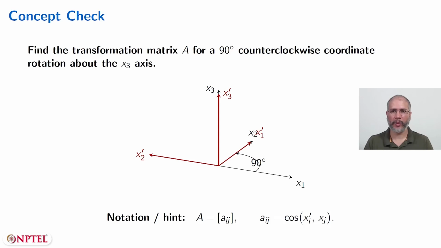That is, you rotate the base coordinate system 90 degrees in the counterclockwise direction about the x3 axis. Please write all the elements of the transformation matrix as A_ij equals cos of (x_i prime, x_j). Find the angles between the different axes and write the 9 components of the transformation matrix A.